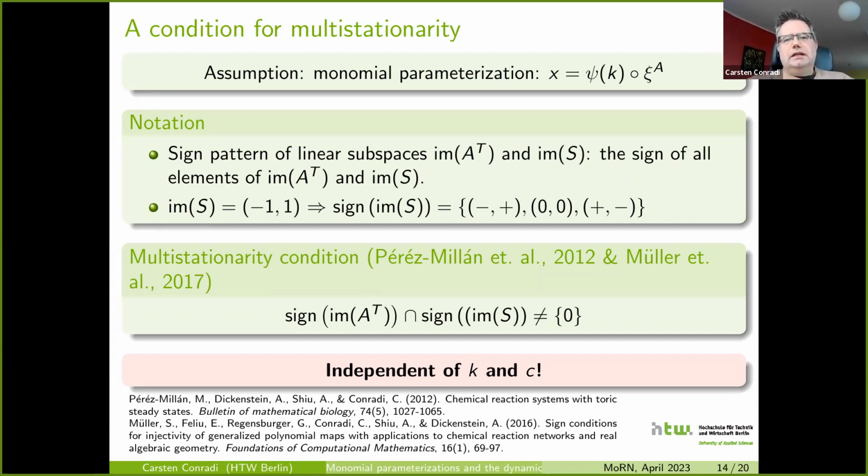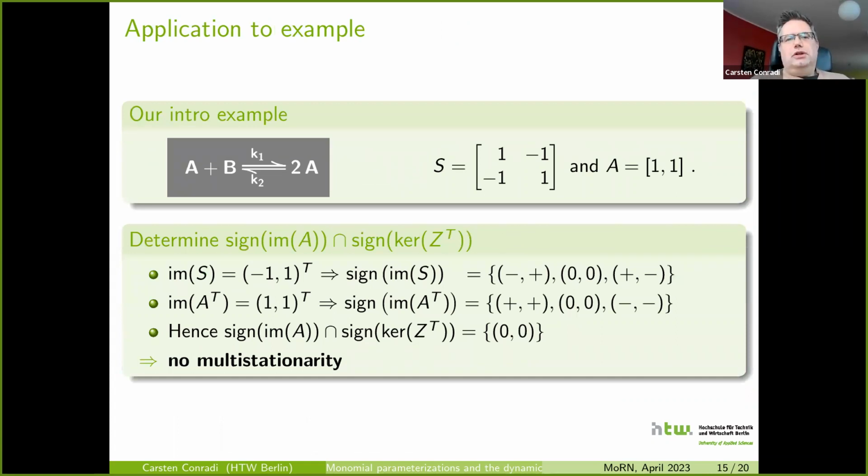Let's do it for this example. Now we have this simple system, A plus B goes to A, that we looked at on the previous slides, given the stoichiometric matrix and the matrix A. And the image of the stoichiometric matrix is just this line given by the vector (-1, 1). So we know its sign patterns.